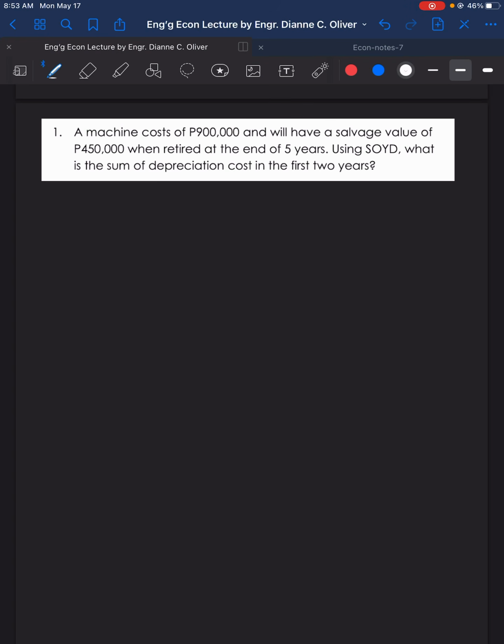Okay, so let's put here the given. The first cost is 900,000 pesos, salvage value 450,000 pesos. The life of the property is 5 years. And then for the sum of years, we have here n over 2.